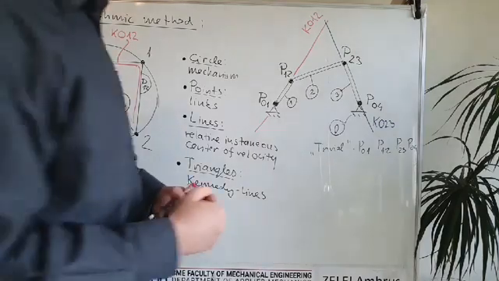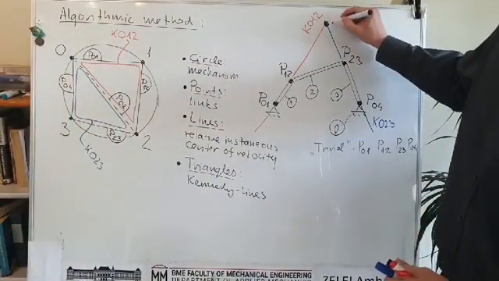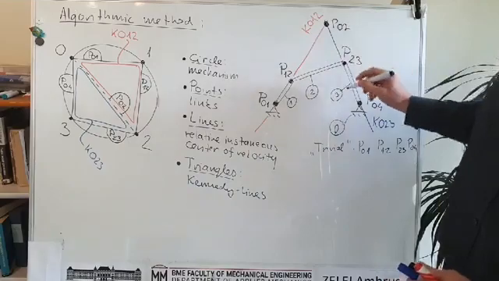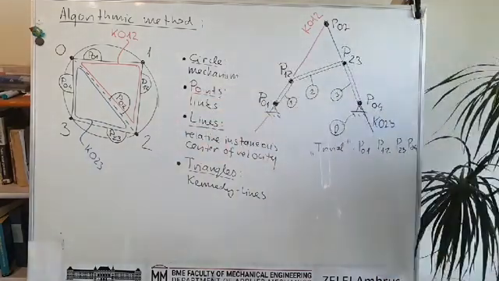So if I try to find this intersection point, then it turns out this point P02 is situated here. Okay, so this is how to apply this graph.